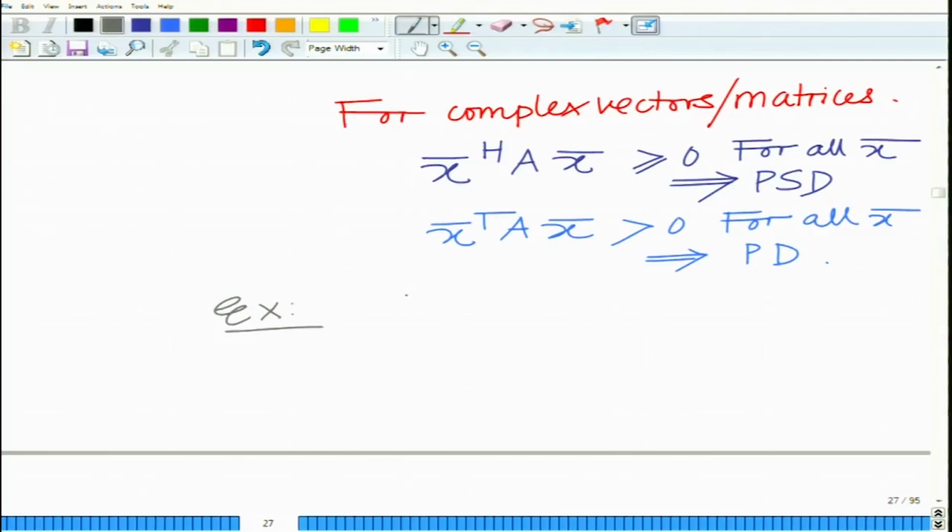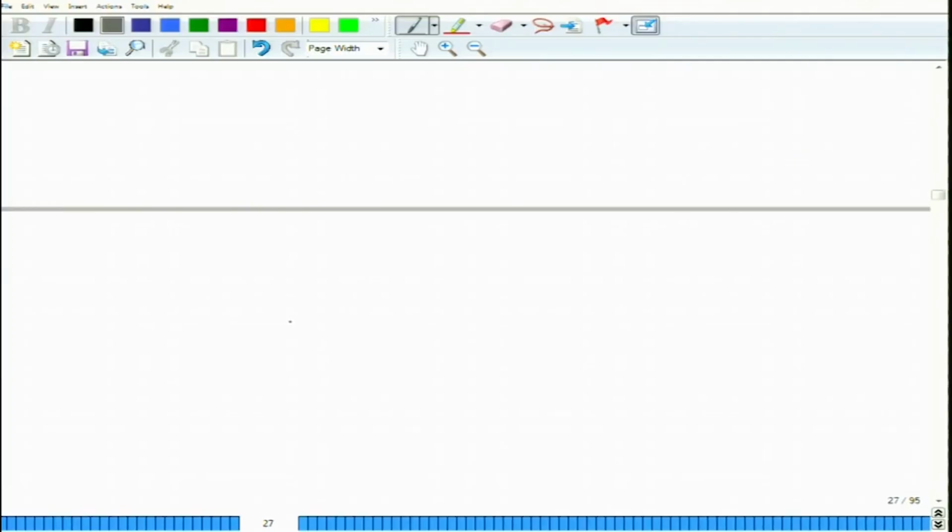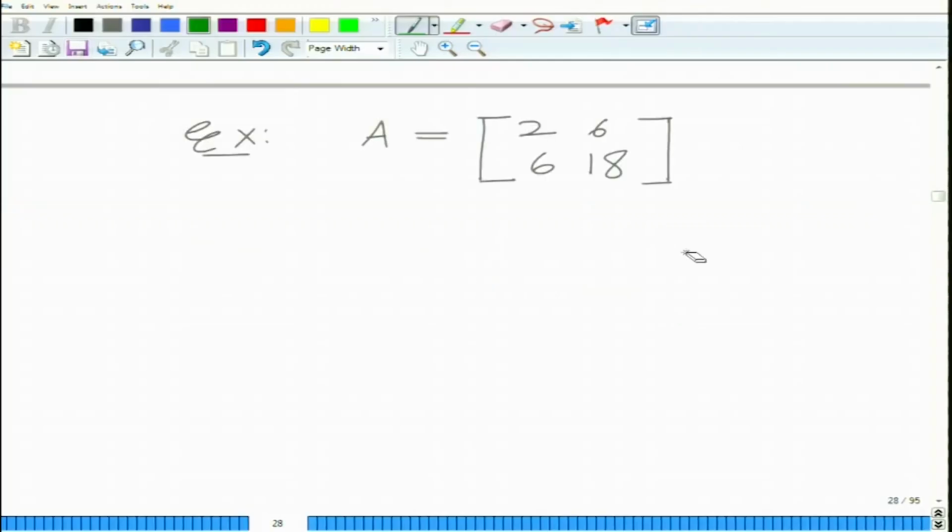Let us take a simple example to understand this. Consider the 2 cross 2 square matrix A equals 2, 6, 6, 18.